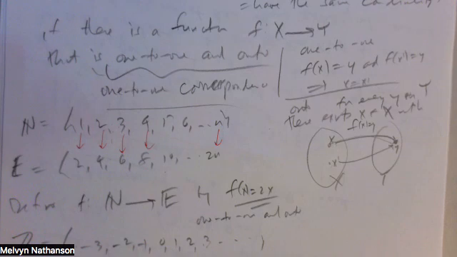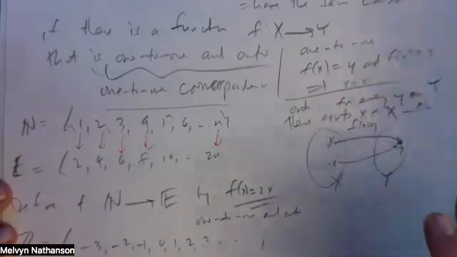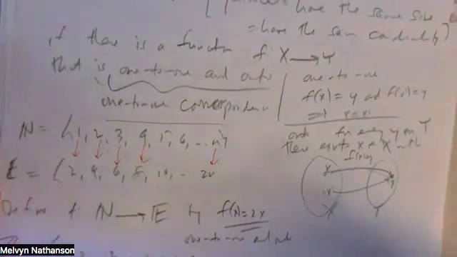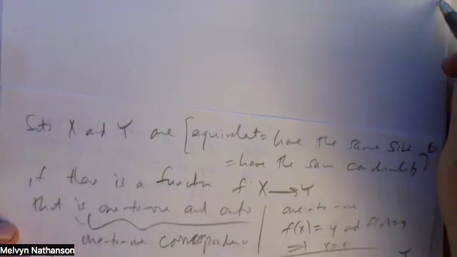Well, it does if there's a one-to-one correspondence between the sets. So let me show you a one-to-one correspondence, and then I'll try to find a way to write it down with a formula, but you don't need a formula, you just need a one-to-one correspondence.